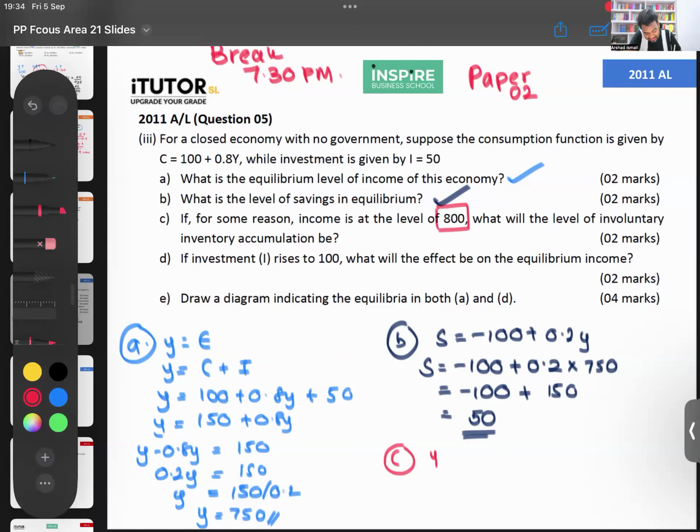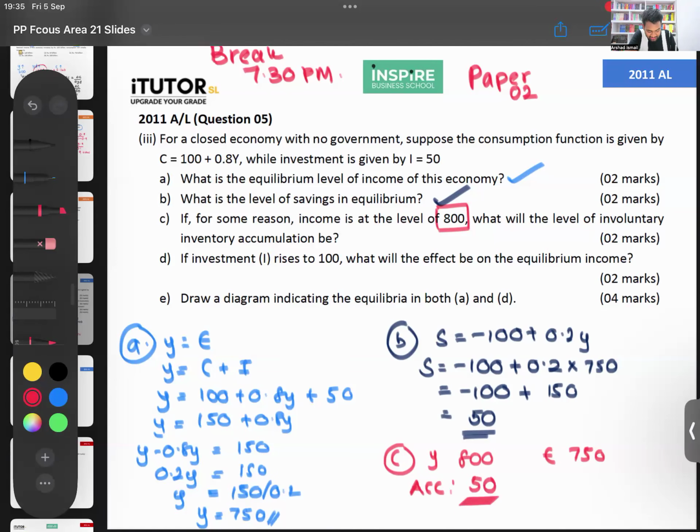People are willing to spend only 750. They're asking you how much of an inventory accumulation would you have? How much more have you produced? By any chance, if your income or output is 800, that means you have produced 50 more, right? Disequilibrium. So inventory accumulation would be 50.